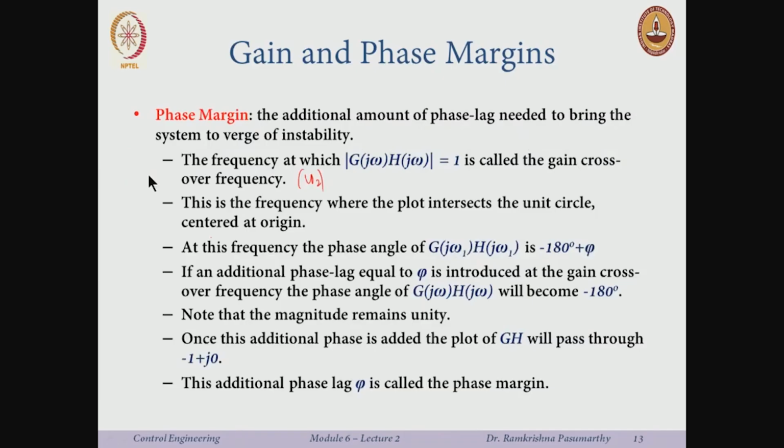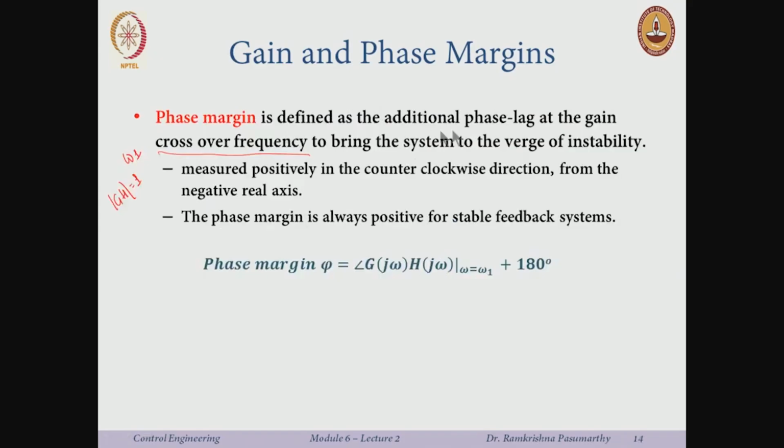So what we started off saying is that I need to add some phase. Now where do I add this phase? This additional phase, I add at the gain crossover frequency. Again, the standard terms of measurement will be in the counterclockwise direction from the negative axis and so on. For stable systems, phase margin is always positive.